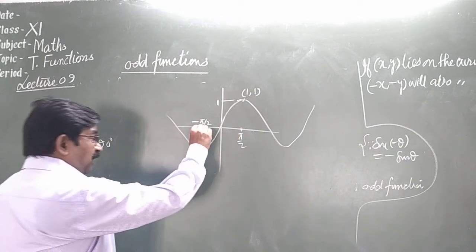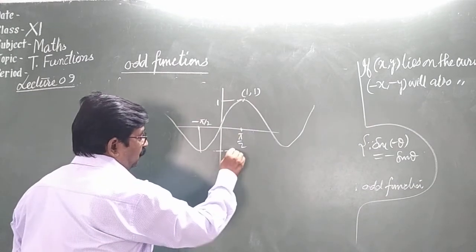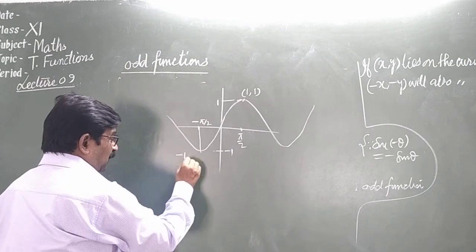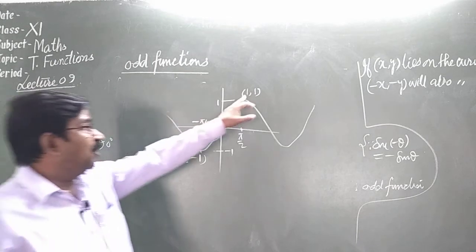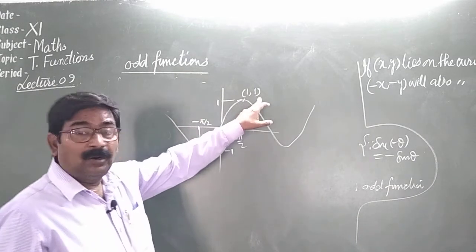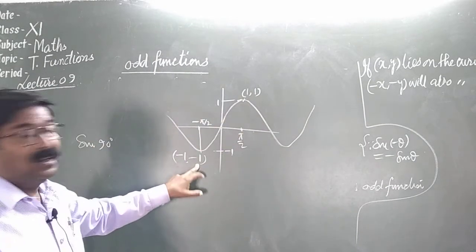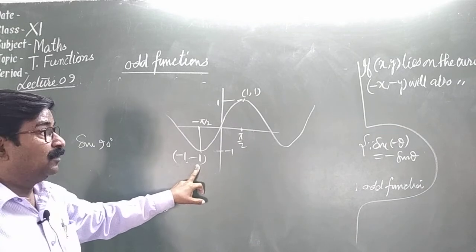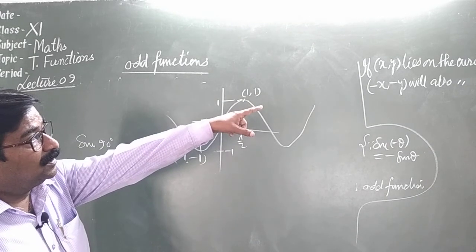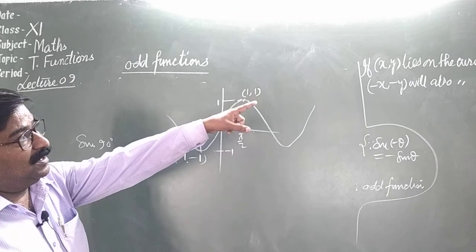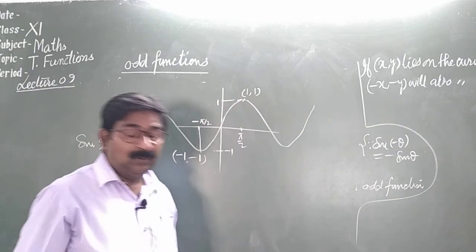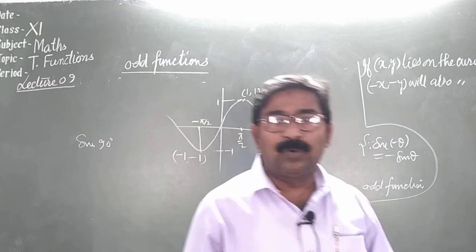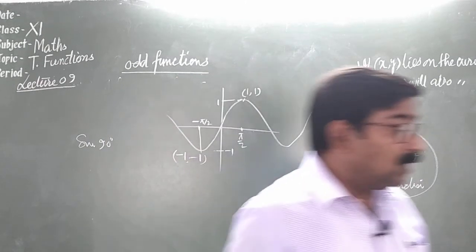So this value is what? Minus 1. So see, if 1 lies on the curve, then minus 1 will also lie on the curve. As I gave the example, if x, y is lying on the curve, then minus x, minus y will also lie on the curve. We shall see some more graphs of the trigonometric functions.